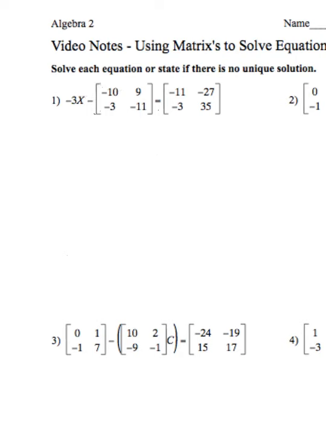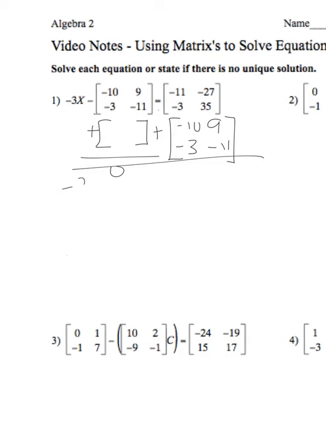Okay, so in order to get rid of this matrix, I'm just going to add the exact same thing so they add up to 0. Well, if you do it to the left, you have to do it to the right. So on this side, I'm going to add negative 10, 9, negative 3, and negative 11. Okay, let's see what we have. We've got negative 3x. Now this x, notice it's a capital X. That means that's a matrix. A capital variable means there's some kind of matrix there.